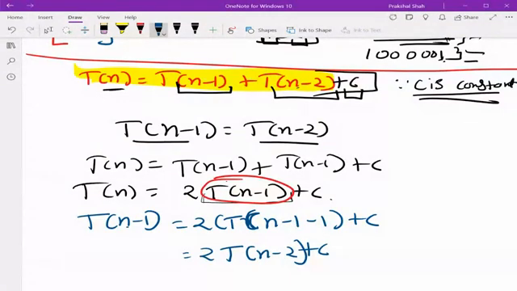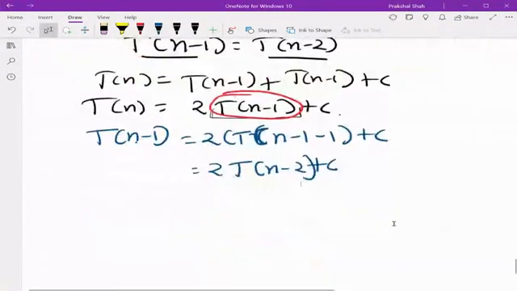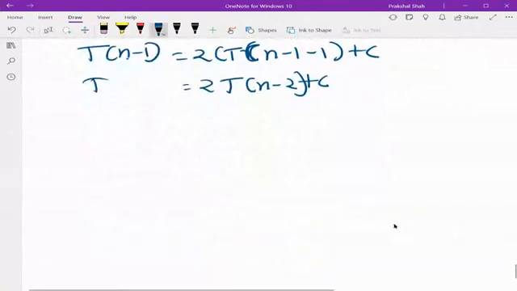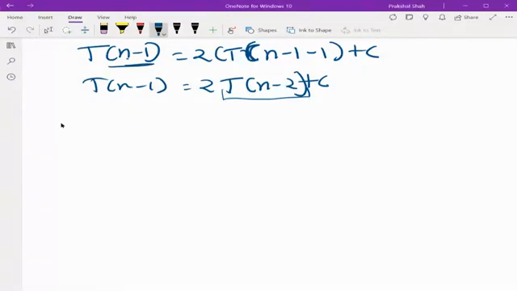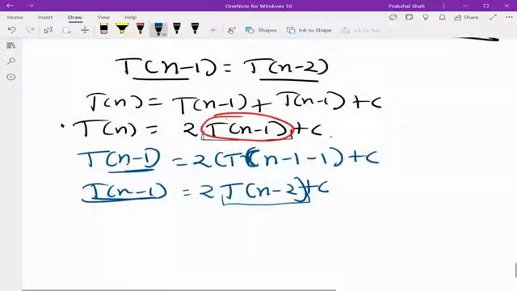Now my question demands n minus 2, so let's find n minus 2. Or else, if you don't want to do that, we simply put this n minus 1 that we found into the equation.